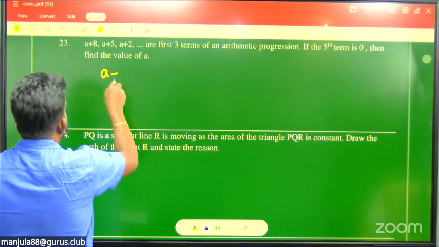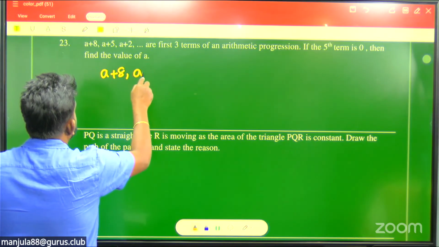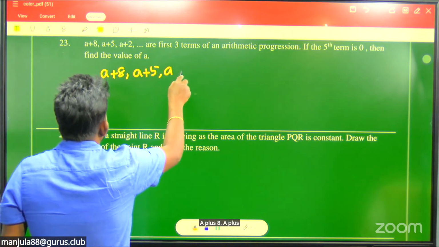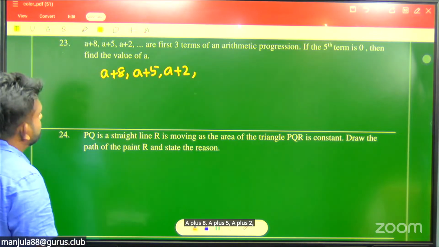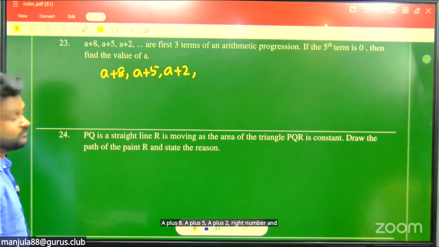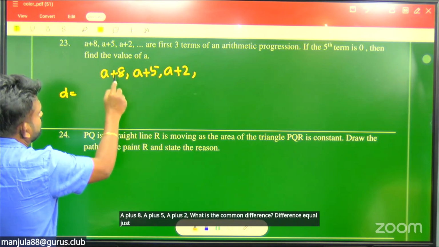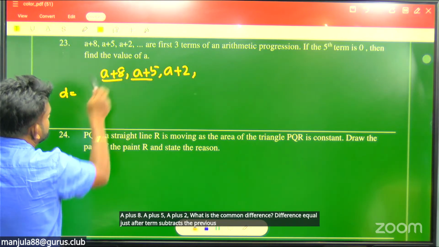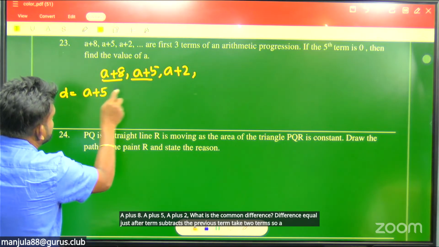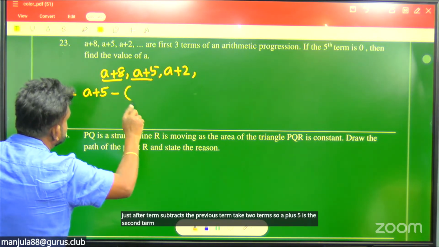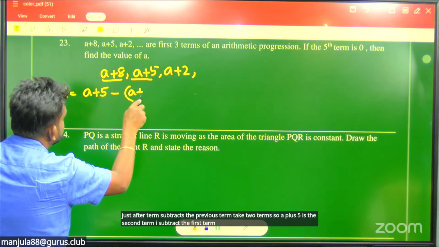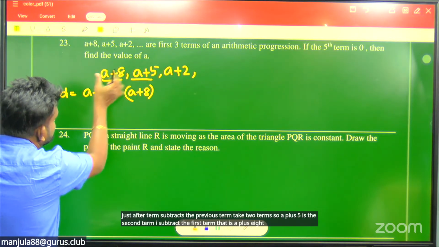Look at the difference. What is the common difference? Take a term and subtract the previous term. Take two terms: a plus 5 is the second term, and I subtract the first term, a plus 8. Keep a bracket because this is an expression.